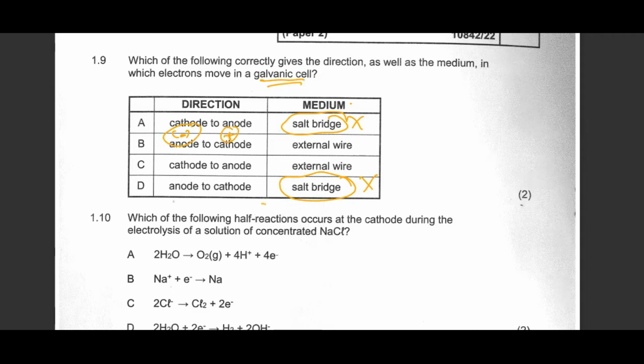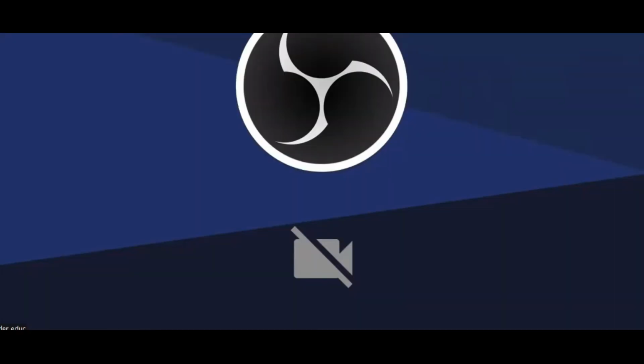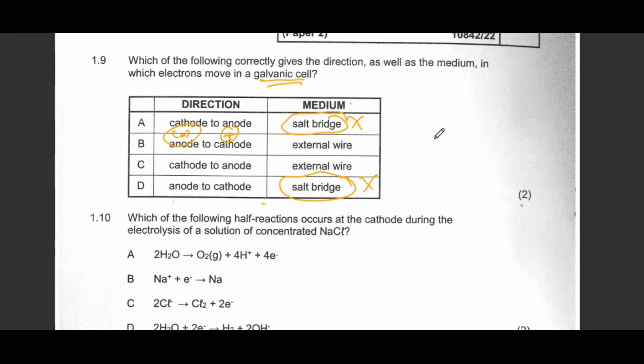And then when they reach the cathode, that's why we say that cathode is where reduction is, né?